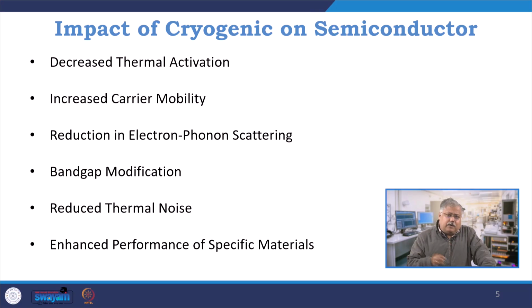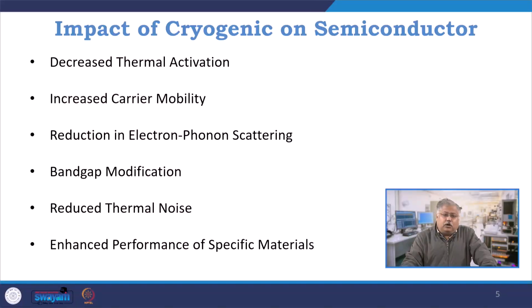Okay, now I'll keep it to a very bare minimum basic and cover each of them in much more detail later on. But let's look at the impact of cryogenic temperatures on semiconductors, right? The first one is pretty simple and everybody understands. There is always a decrease in the thermal activity because the temperature has gone down. So the lattice vibrations will reduce to the bare minimum, and therefore the scattering will be reduced, because when the electrons are traveling and the lattice is not moving too much, the probability of the free charge carriers colliding with the lattice is reduced.